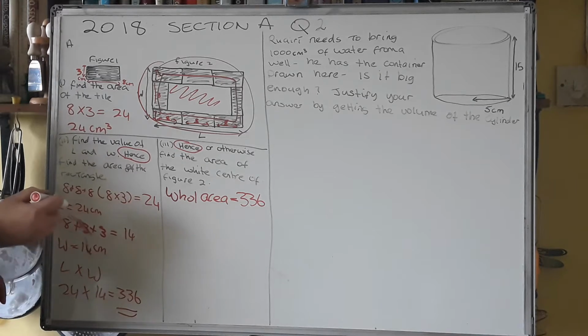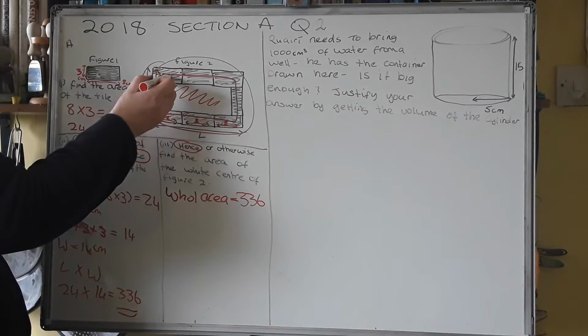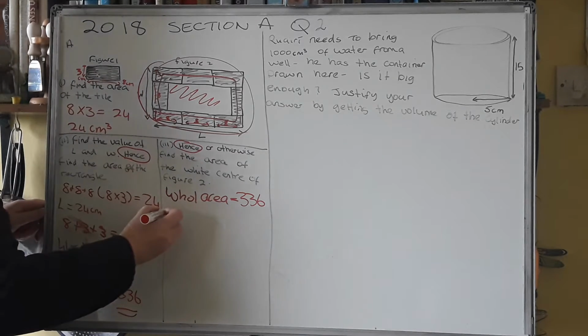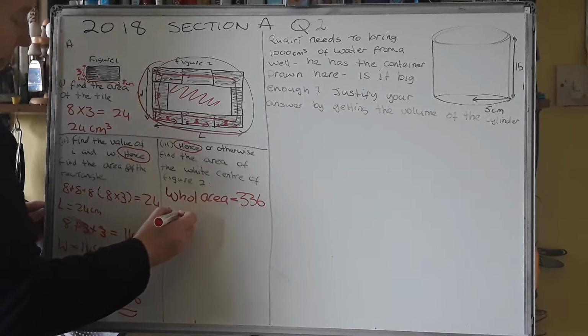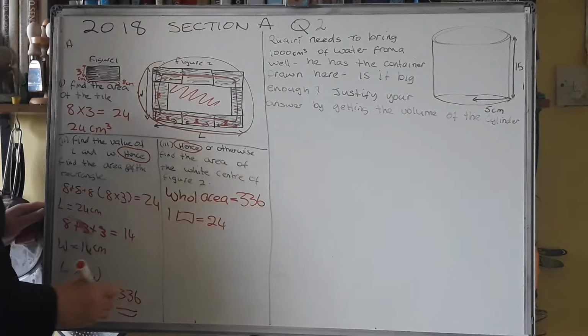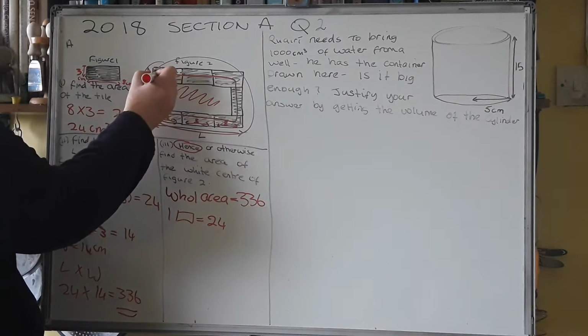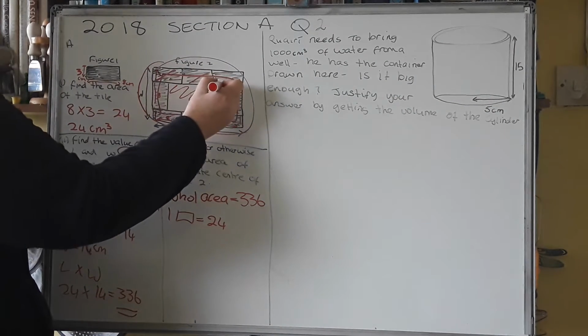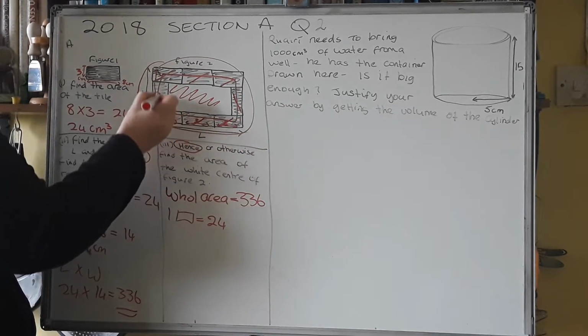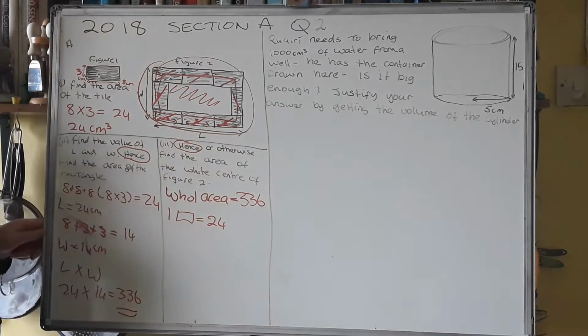So to find out what the outer rim is, count how many of these rectangles you have, because you know the area of the rectangle. One of those blocks is 24. So how many do you have? You have 1, 2, 3, 4, 5, 6, 7, 8. You've 8 of them.